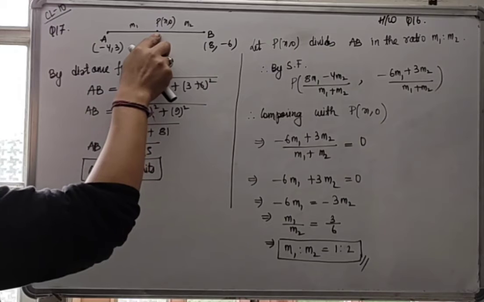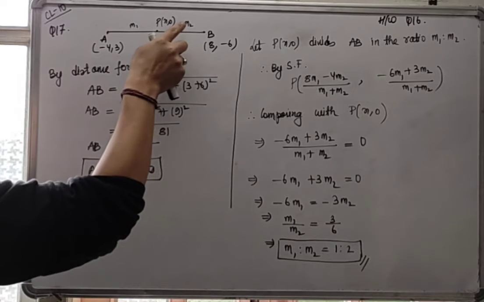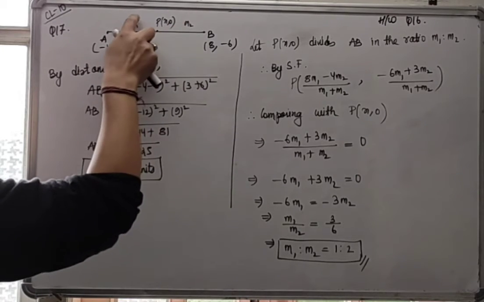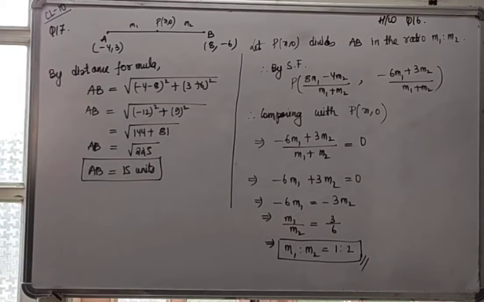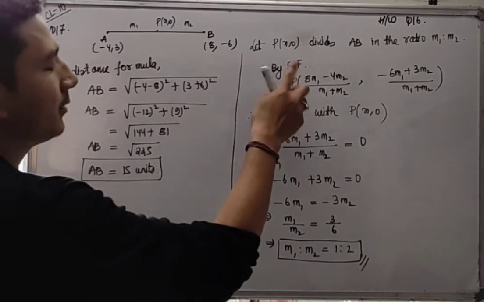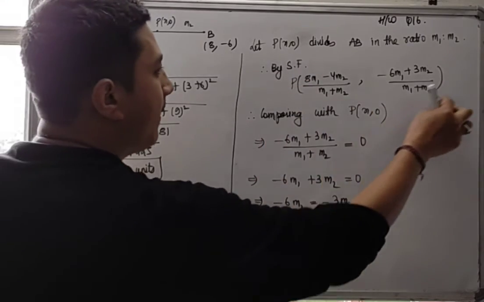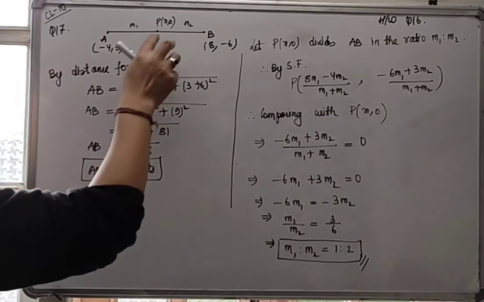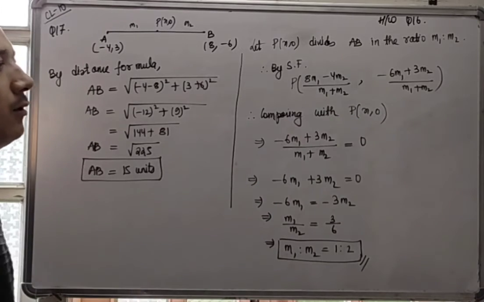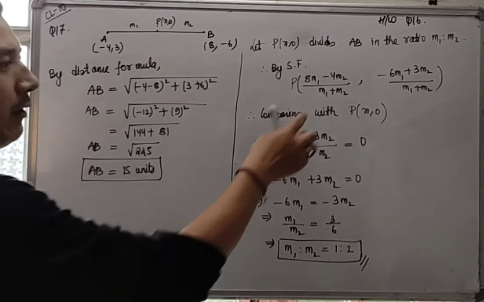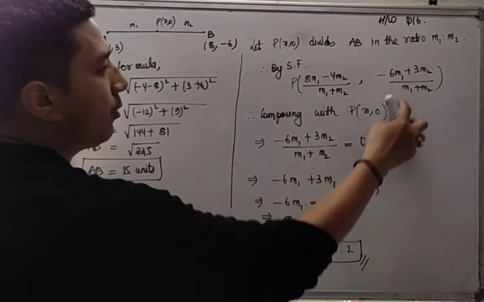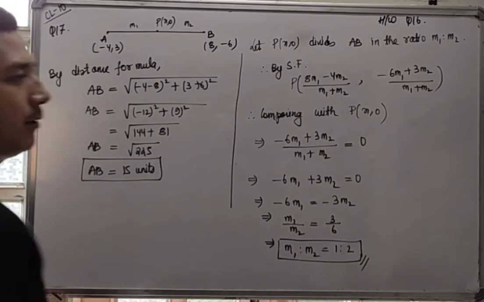So P is a point on the x-axis, so it is (x, 0), and let the ratio be m1:m2. Now we are using the section formula. So according to the section formula, you'll get this. Again, comparing it with P, which value will I compare? Will I compare the abscissa or will I compare the ordinate? I will obviously compare the ordinate.